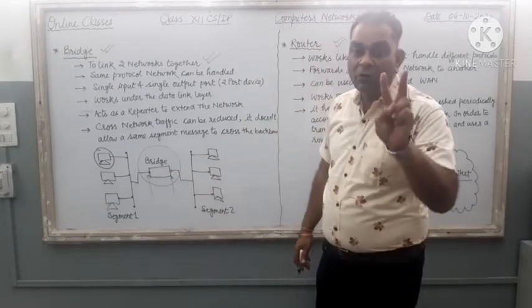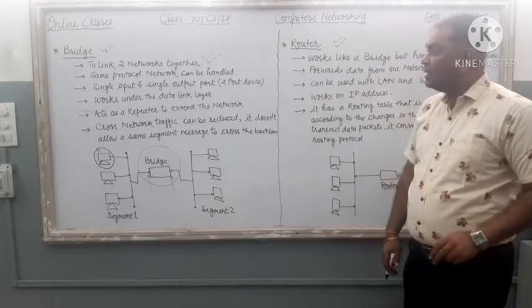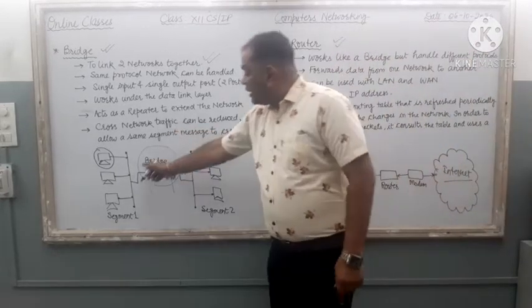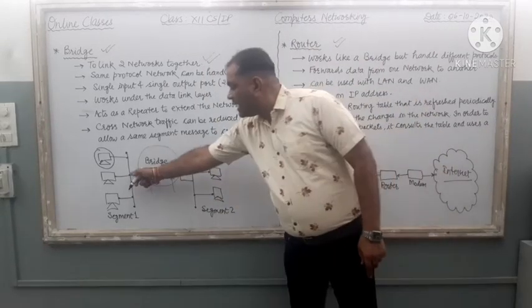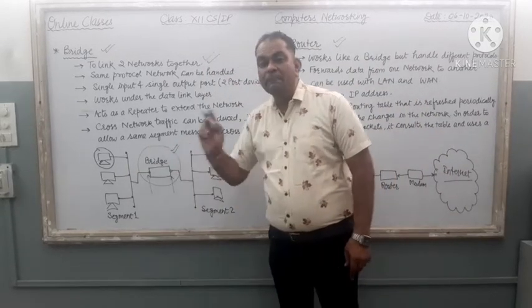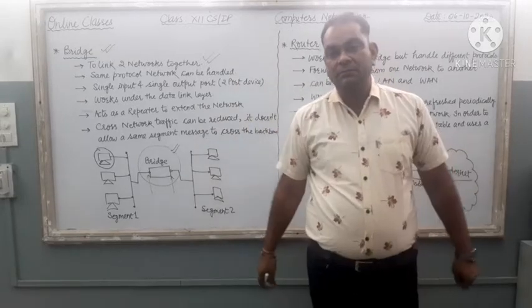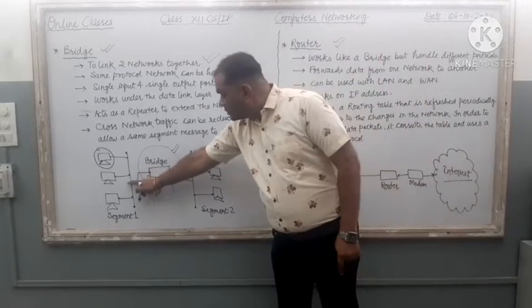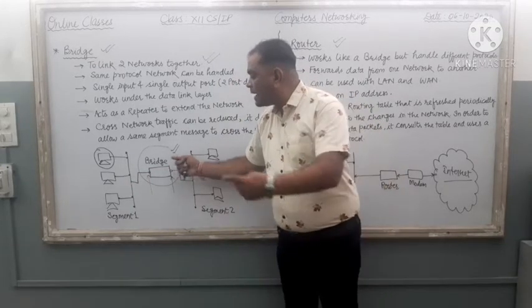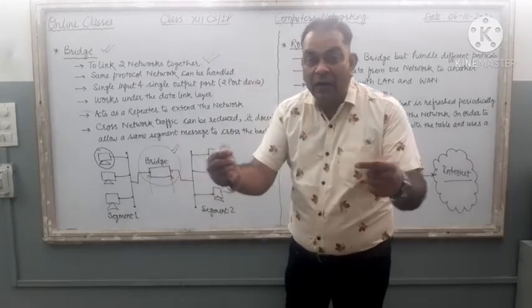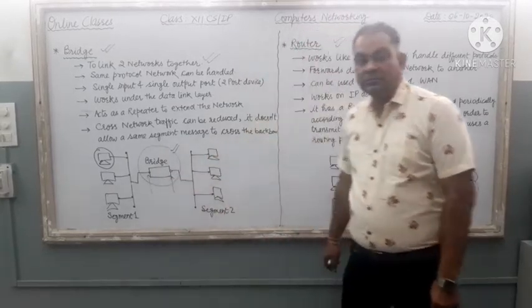Bridge is a two-port device only. Clear? So here it is the junior computer lab, and here it is the senior computer lab. If you want to connect these two segments, just add one bridge in between the network, right? Take one wire from this lab, take another wire from that lab, and connect the wires of these two different labs with this bridge.